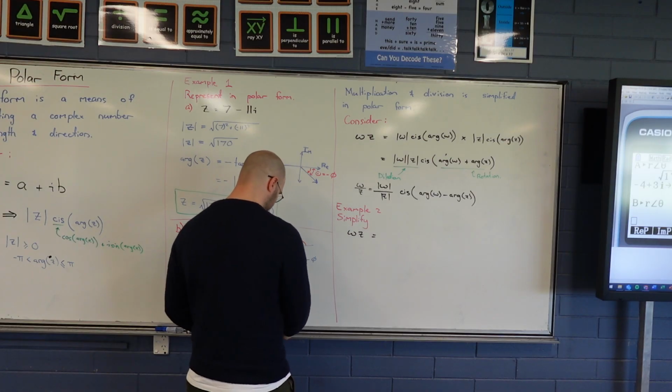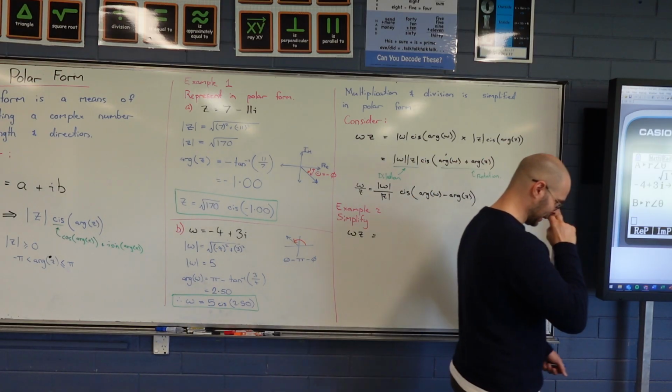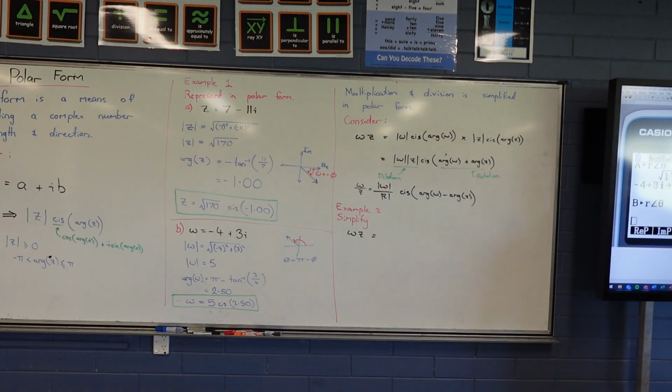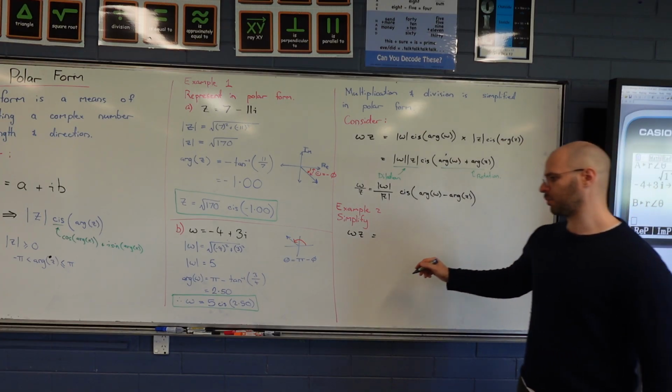Okay, we want to simplify omega z. Would we go back to our Cartesian form and multiply it out? Or is there a simpler way to do this? There's a simpler way to do it. Simply get the polar forms.